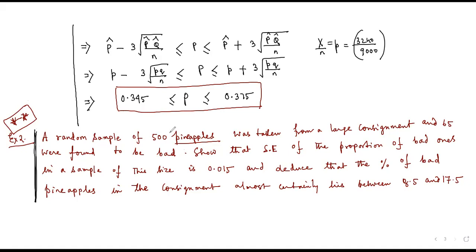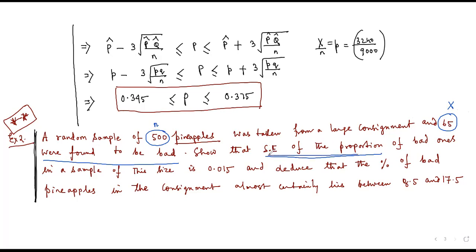Okay, so I am just writing what you can do with the given problem. I'm not going to do the problems in detail. 500 will be considered to be the sample size, so I'm writing here n. 65 were found to be bad, so this is my random variable, number of bad pineapples. This is capital X. You are going to calculate the standard error of proportion.